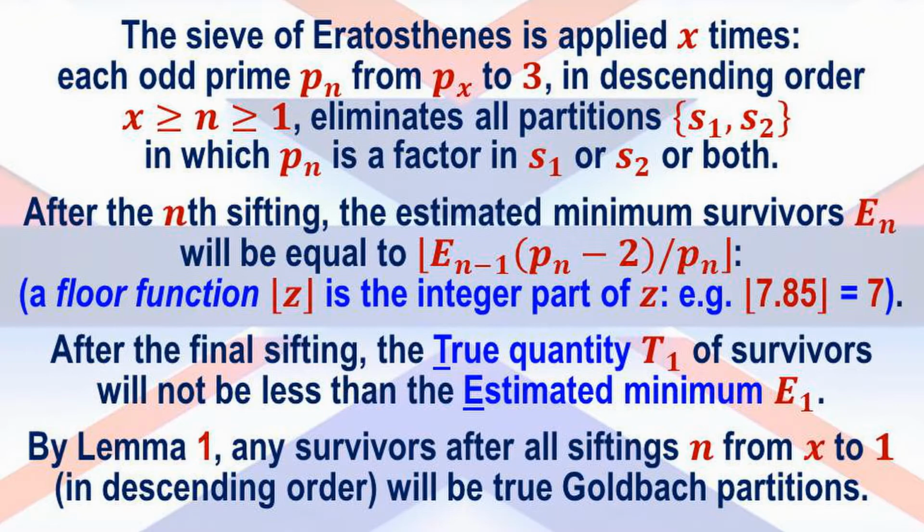So the floor function on 7.85, for instance, would simply be 7. You knock off everything after the decimal point. And after the final sifting, the true quantity T1 of surviving partitions will not be less than the estimated minimum E1. And by lemma 1, any such survivors will be true Goldbach partitions.